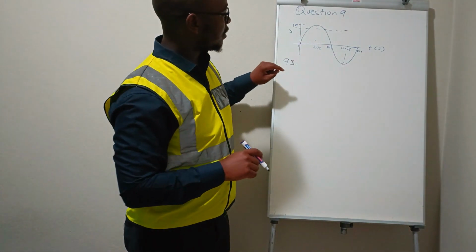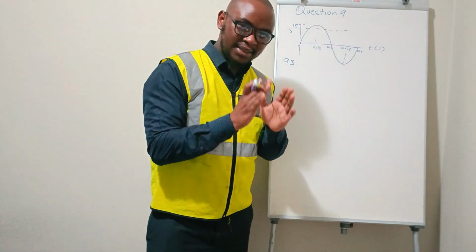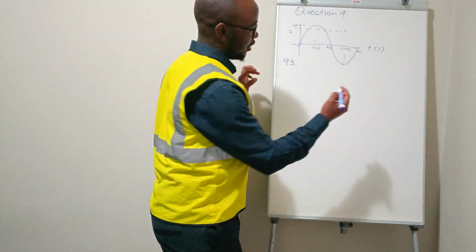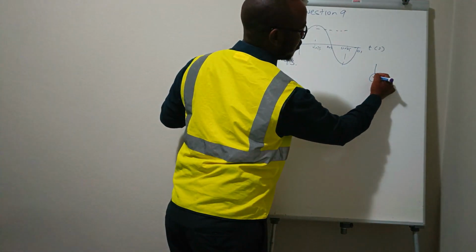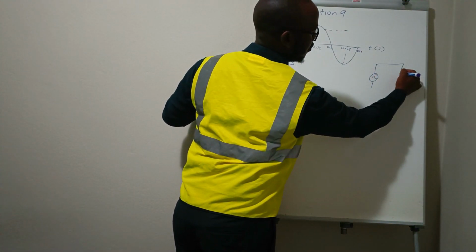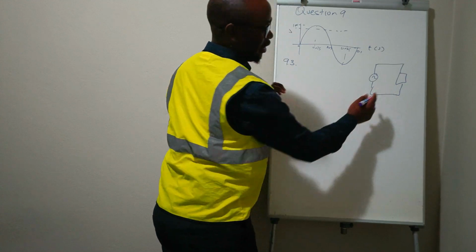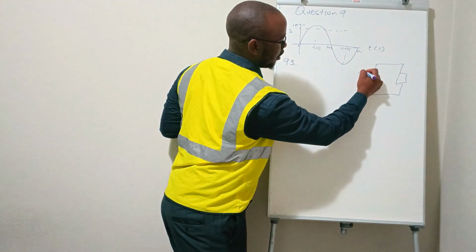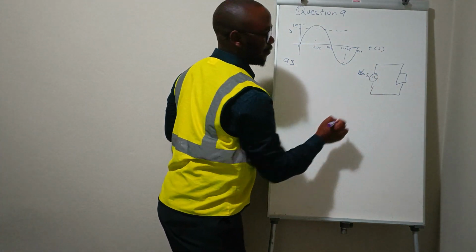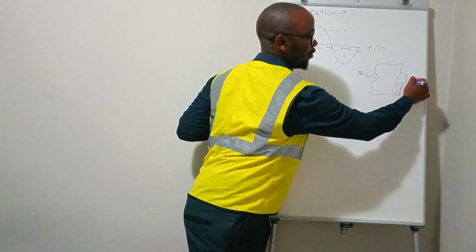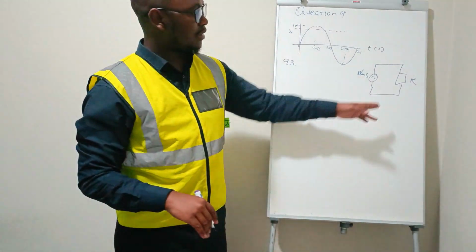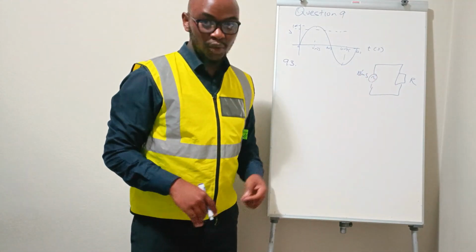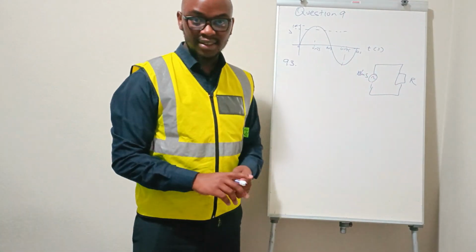The VRMS tells us about the AC voltage component, such that if you were to take that AC voltage component and plug it into a circuit like that, so let's just have that one AC voltage component, or VRMS, and plug it to a resistor, we are going to dissipate power on that resistor.